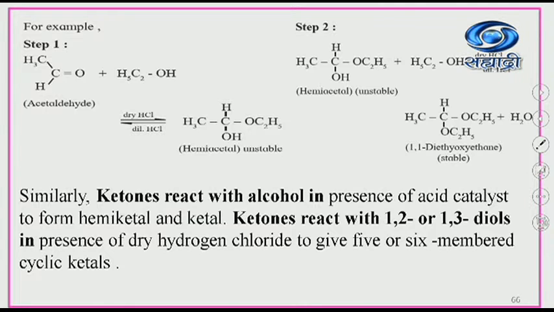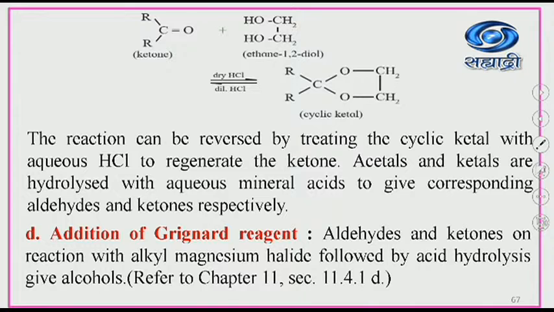Similarly, ketones react with alcohol in presence of acid catalyst to form hemiketal and ketal. Ketones react with 1,2 or 1,3 diols in presence of dry hydrogen chloride to give 5 or 6 membered cyclic ketals. So this is the ketone, RCOR.